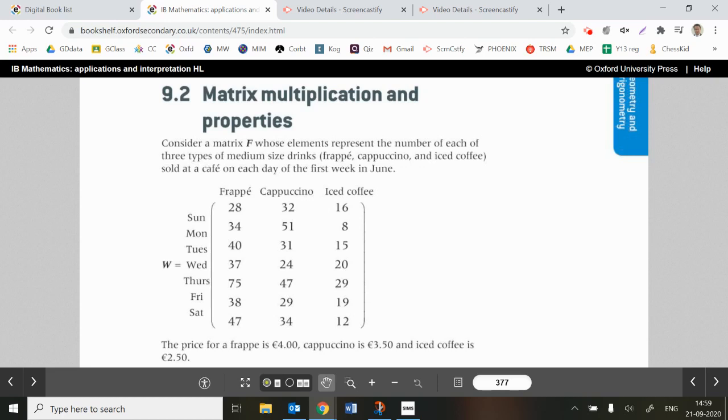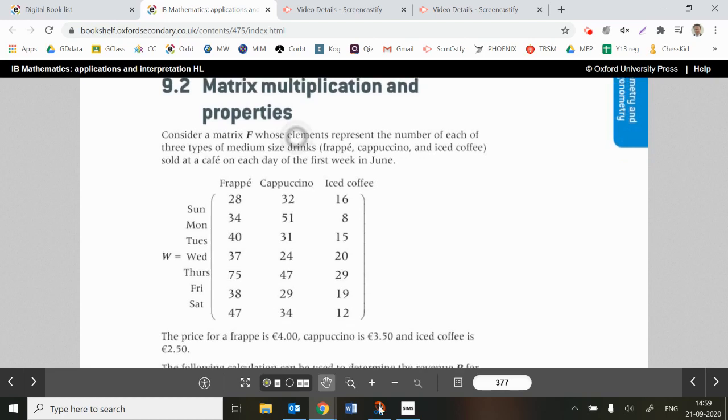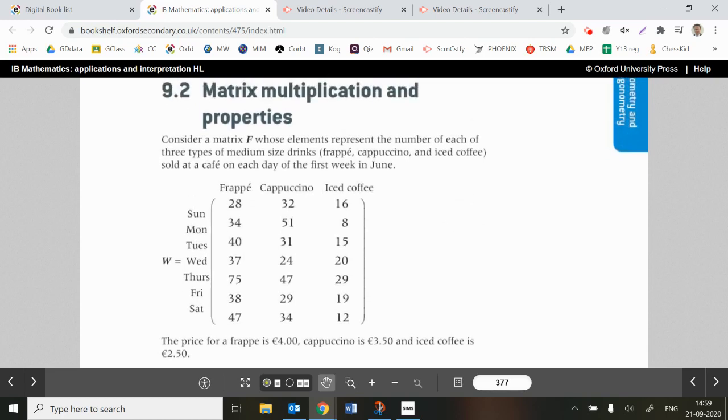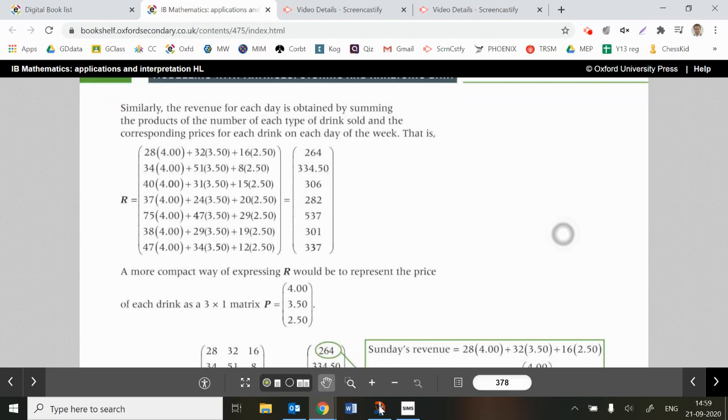Now, they call this the matrix F at the top, and then they call it W down the side. I think that's a mistake. Underneath, they're talking about the prices of these things. The frappe is €4, the cappuccino is €3.50, the iced coffee is €2.50. Then they're coming up with a revenue matrix, which turns out to be a vector, in fact.